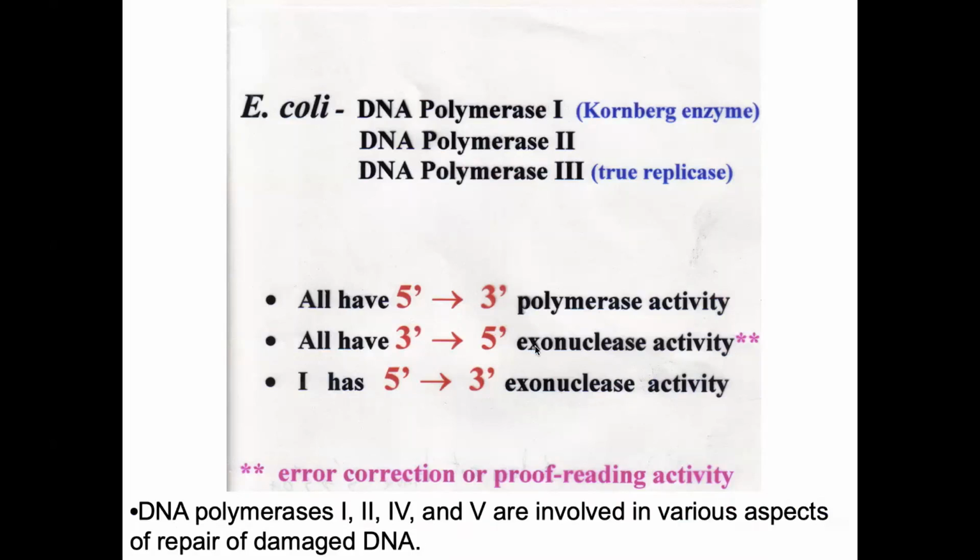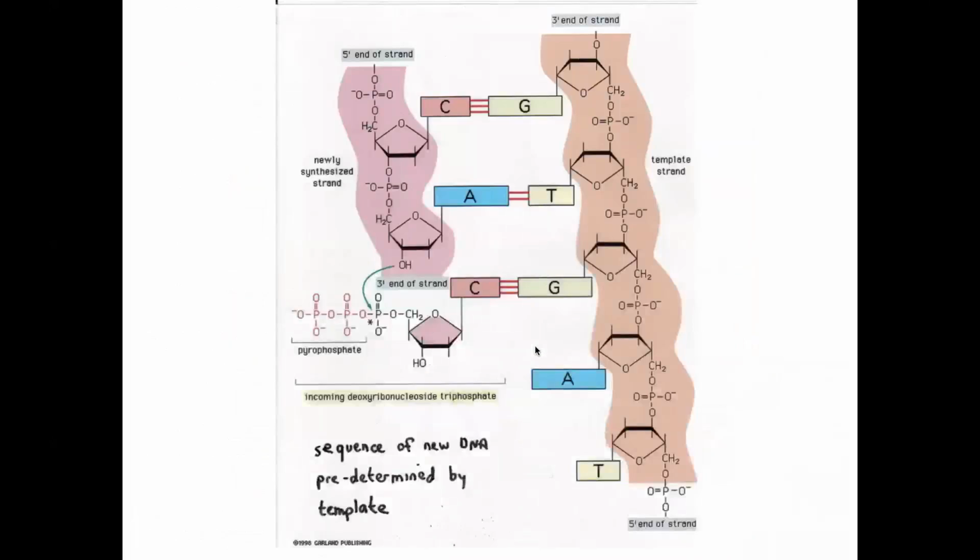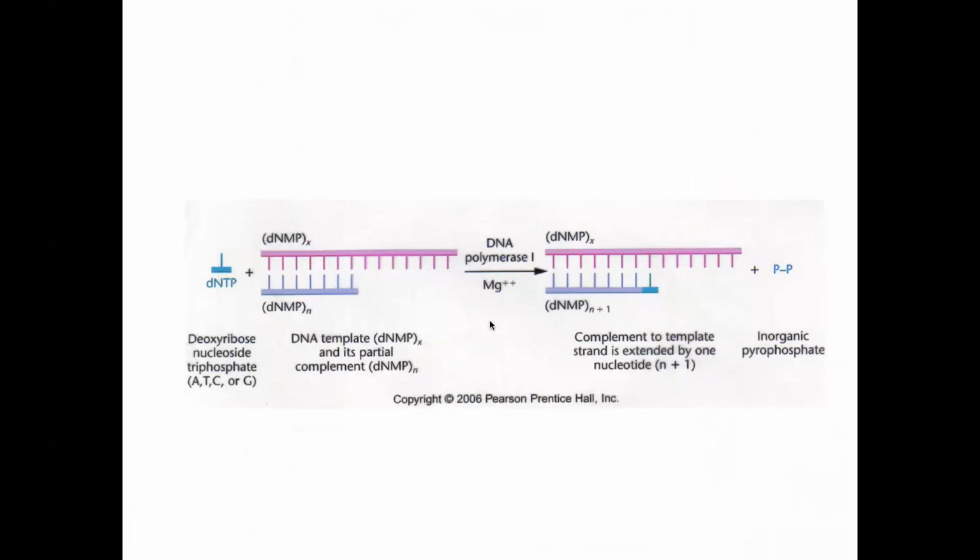So 3' to 5' exonuclease activity means that these 3 DNA polymerases can degrade DNA specifically in a 3' to 5' direction. Let me go to this diagram here. What that would mean, if this is a 3' end, is that the same enzymes that can grow DNA moving from left to right, filling in this gap here, can also degrade DNA moving from right to left.